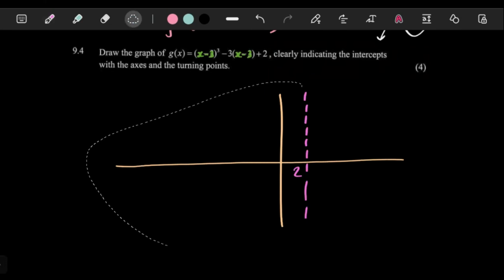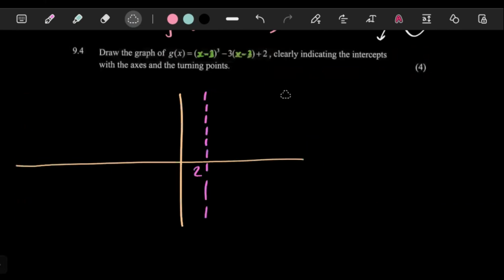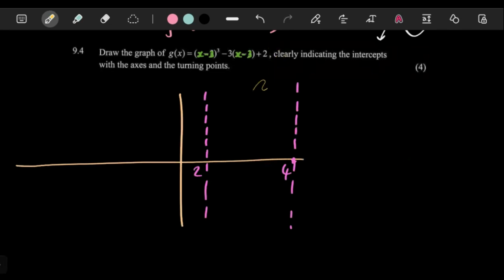From +1, moved 3 to the right, it's going to be at 4. And the point of inflection started off at 0, so moving 3 to the right, it's going to be at 3. This is where the graph starts to change.